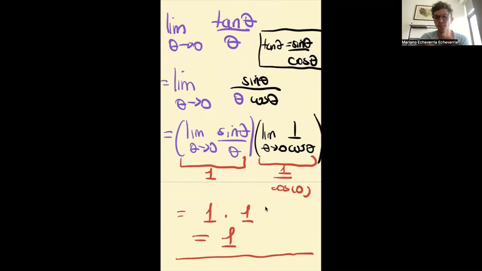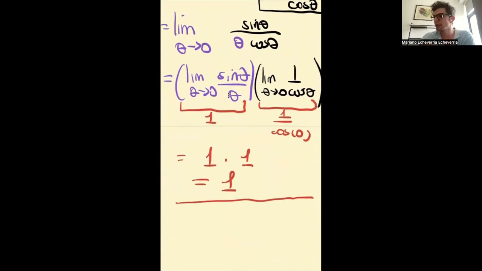Is that making sense? Any questions about this limit?